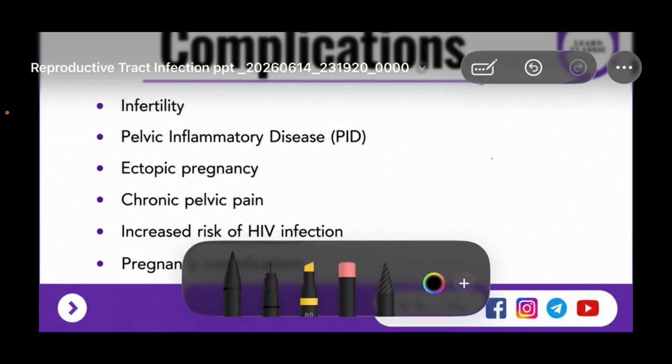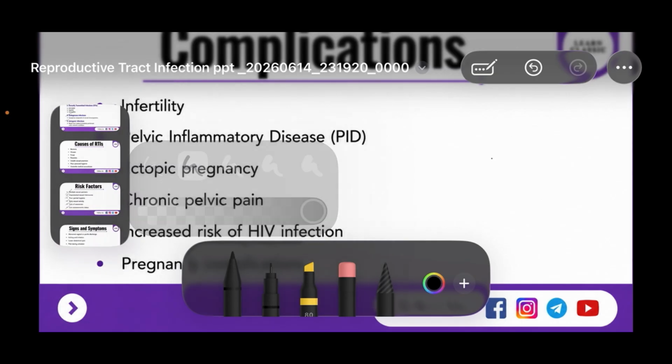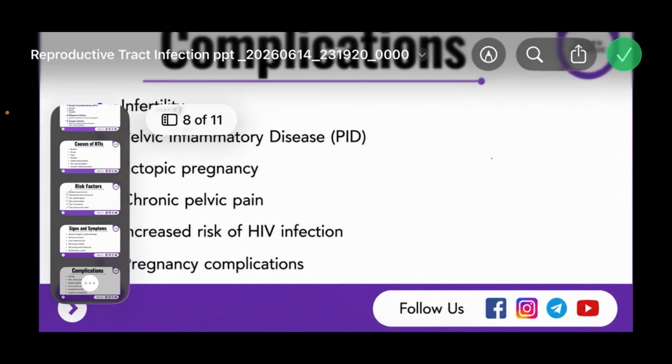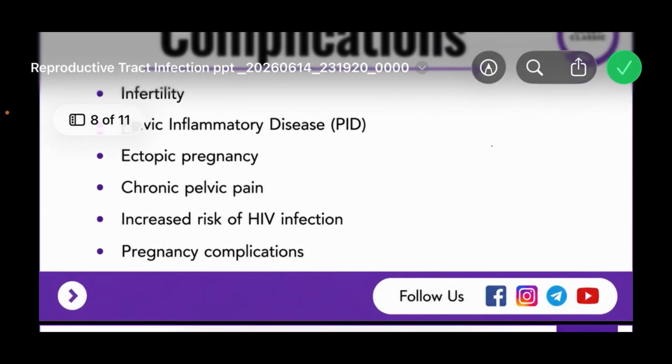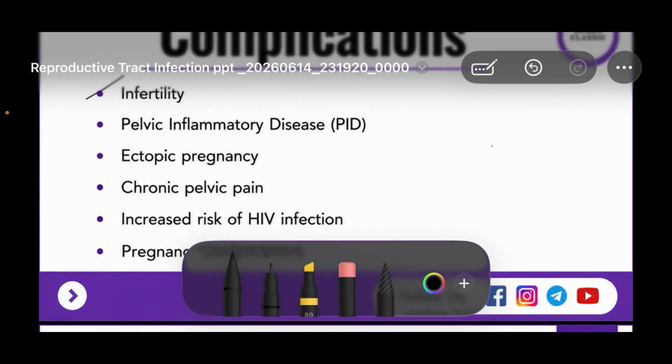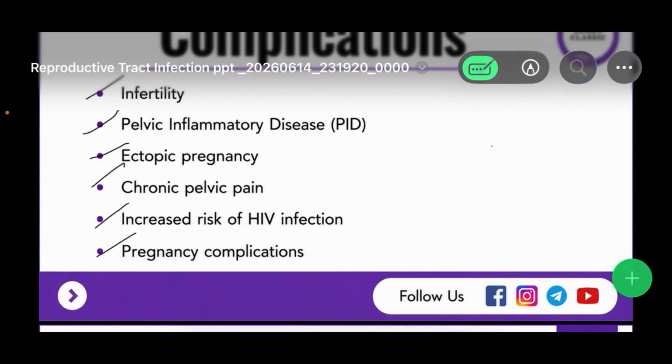So what are the complications? Infertility, pelvic inflammatory disease, ectopic pregnancy, chronic pelvic pain, increased risk of HIV infection, and pregnancy complications.